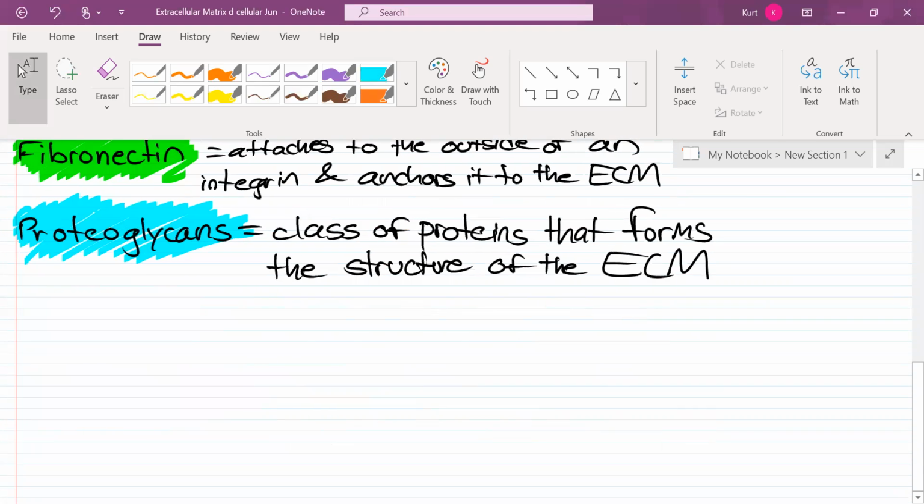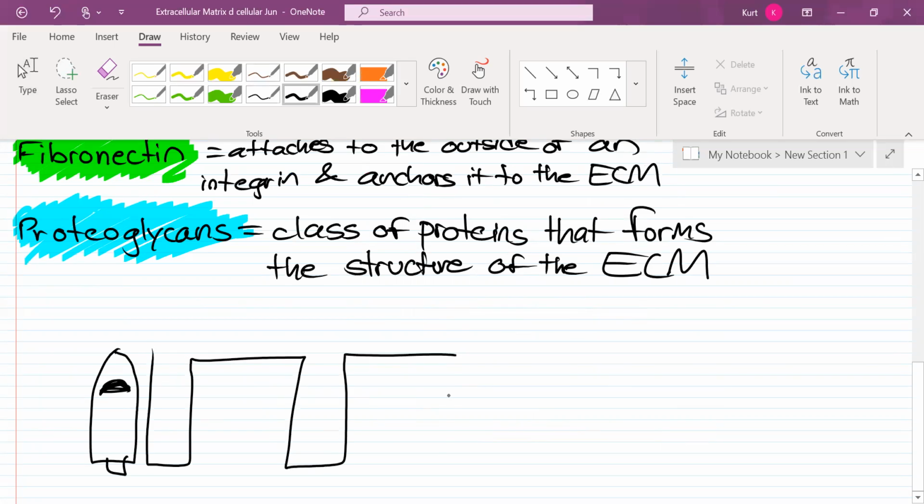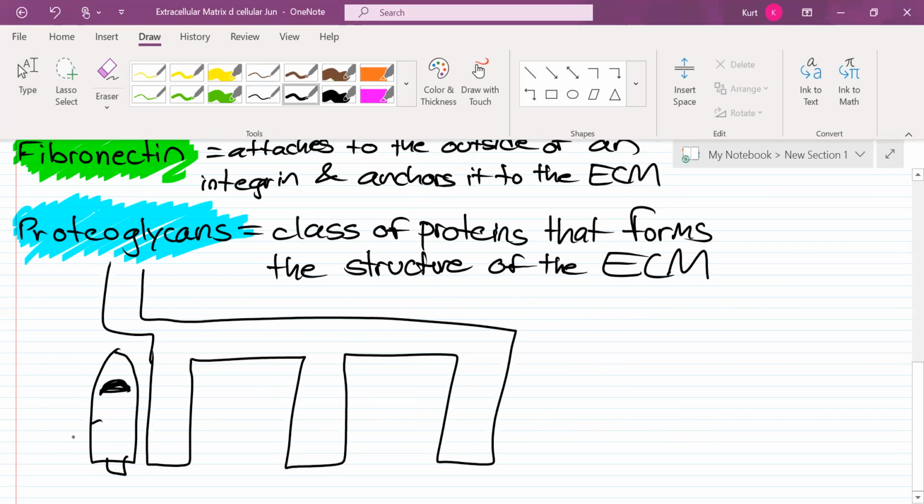So let me just do this really crude drawing here. If I have a boat, there's the motor, blah, blah. And here's the dock. Here's another dock. Here's another dock. The boat's going to be the cell. You don't need to draw any of this; you can draw the real image.